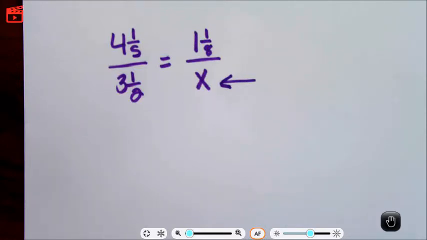Now, looking at this problem, what do you know I'm going to ask you to do? We have fractions that are made up of mixed numbers.